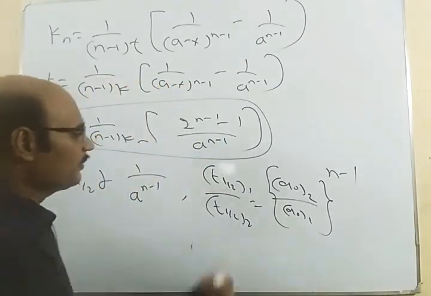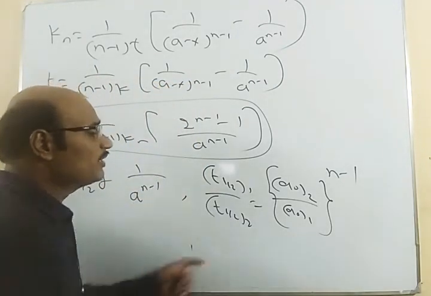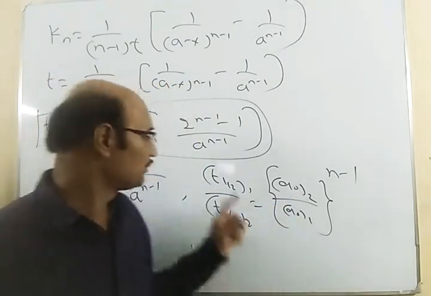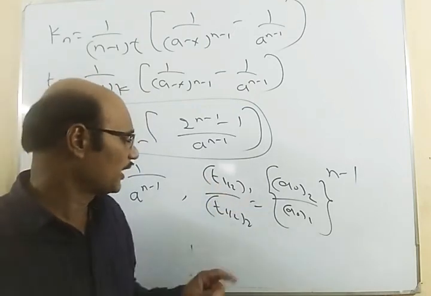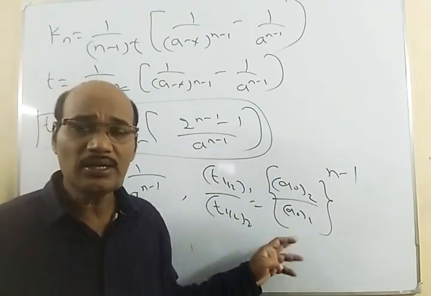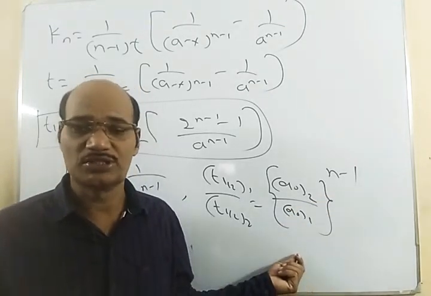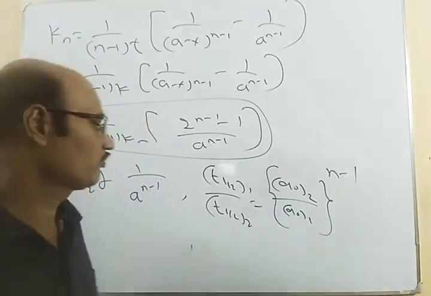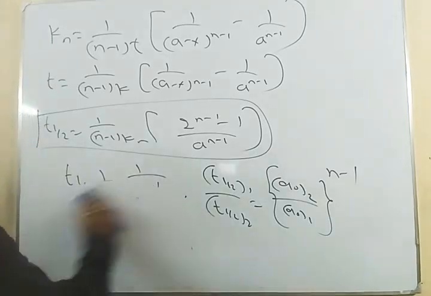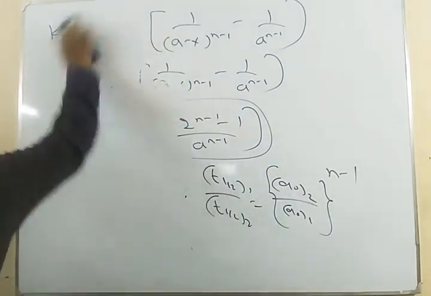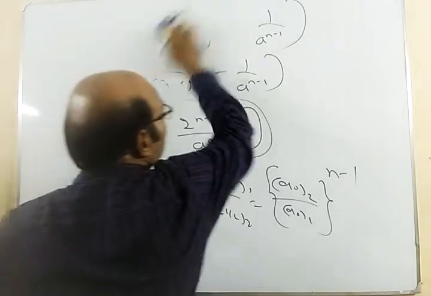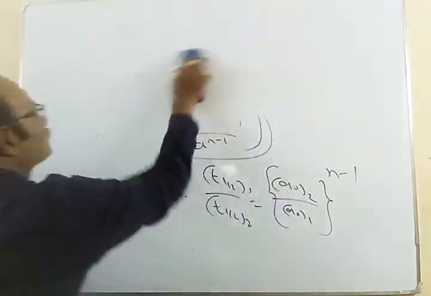So, if half-life periods of a reaction at two different concentrations are given, t half 1 at a0 1 and t half 2 at a0 2, then how to obtain the order of the reaction n, that also we discussed in the last class. Based on this formula, we solved some numericals.